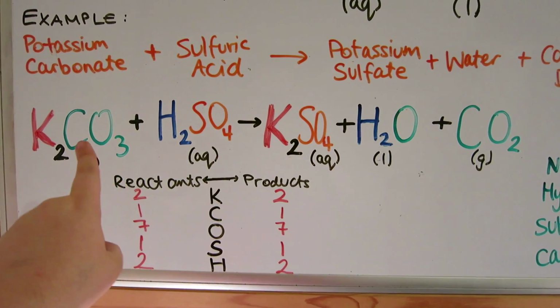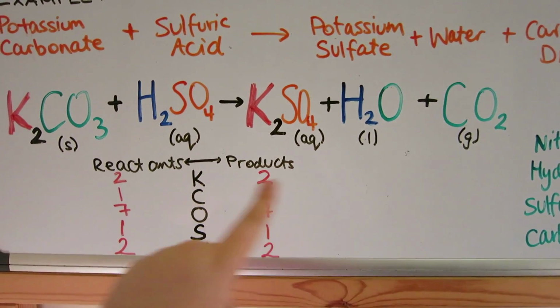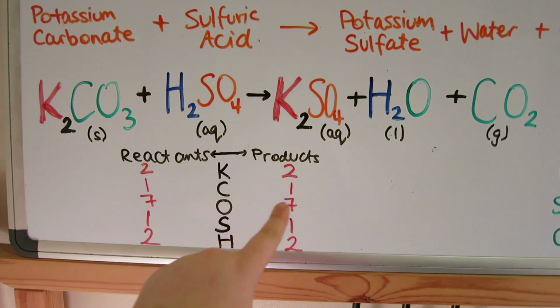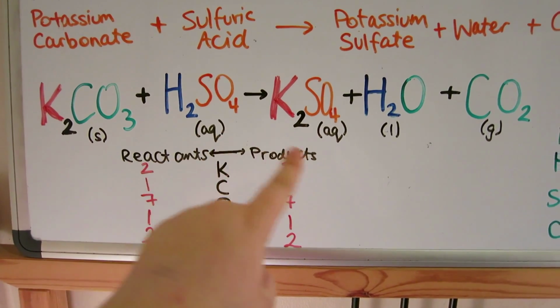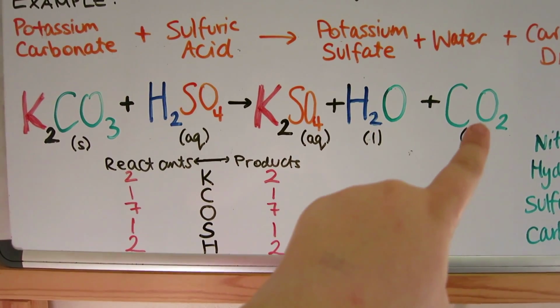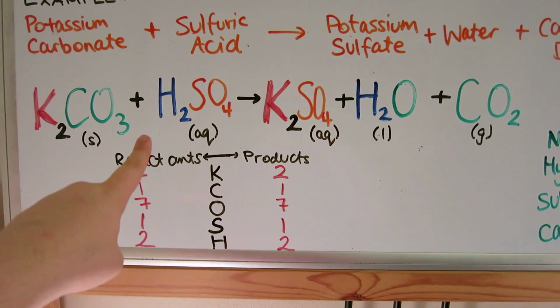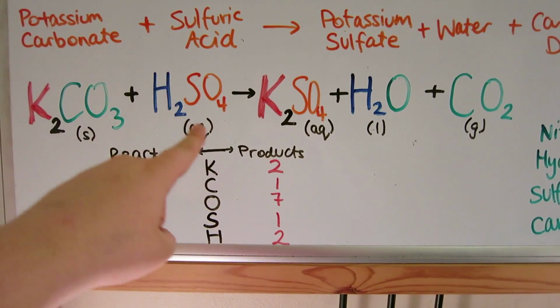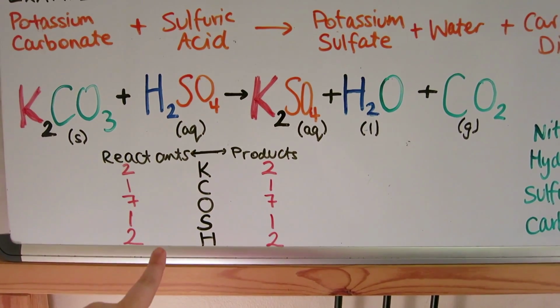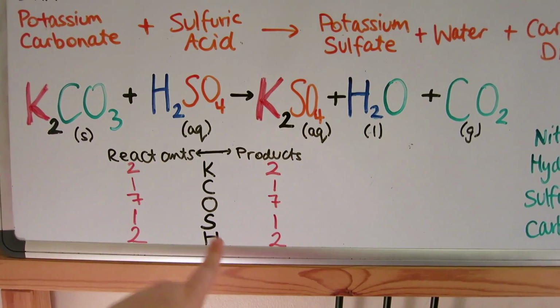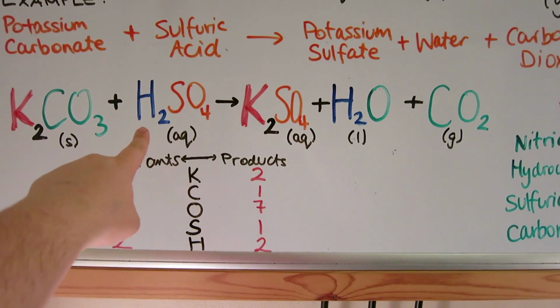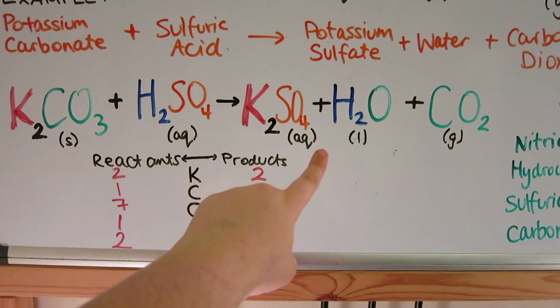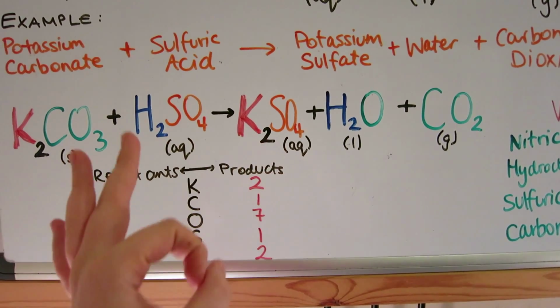We have 1 carbon, 1 carbon. We have 7 oxygens, so 3 and 4, 4, 1, 2. Done. We have 1 sulfur, which we have in the sulfate ion, so 1 and 1. And finally our hydrogens. Do we have those balanced? We have H2 and H2. Done.